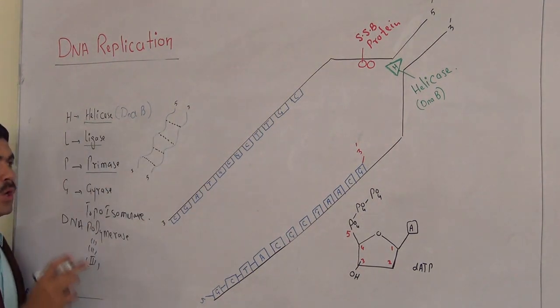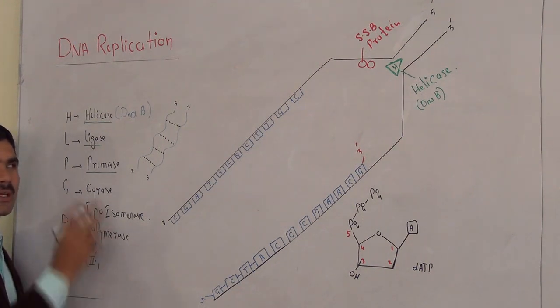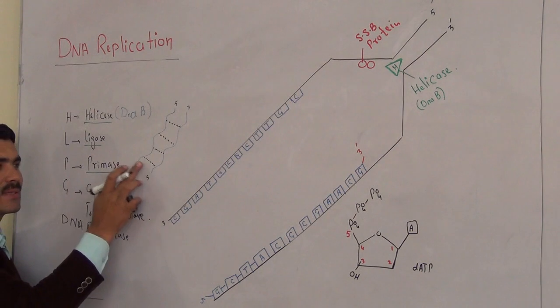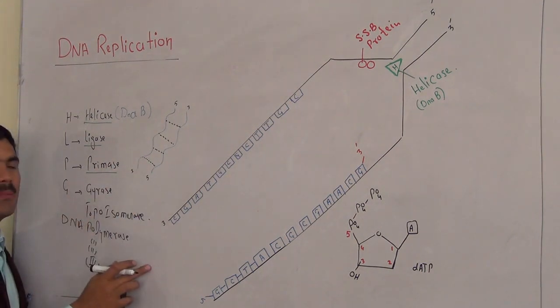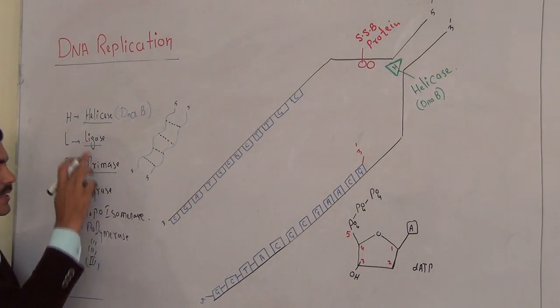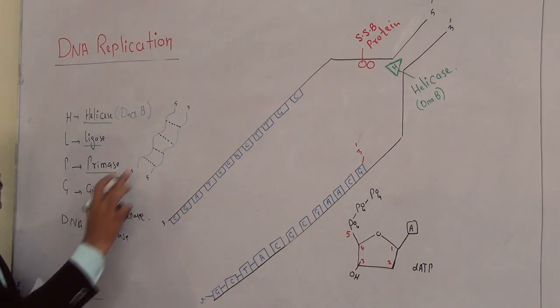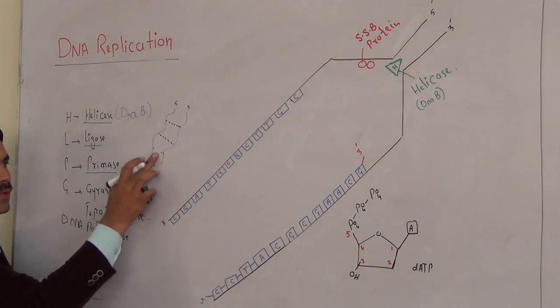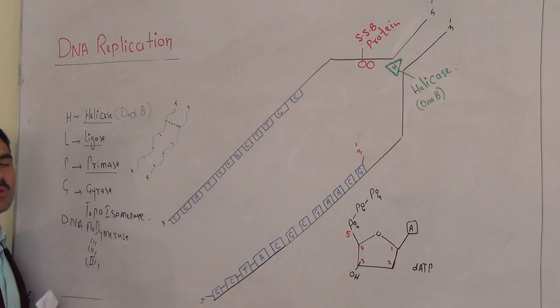So if you want to duplicate the DNA, first of all you must separate these 2 strands from each other. So who will come? The helicase enzyme. It will unzip the DNA so that it breaks these hydrogen bonds and the 2 strands are separated.